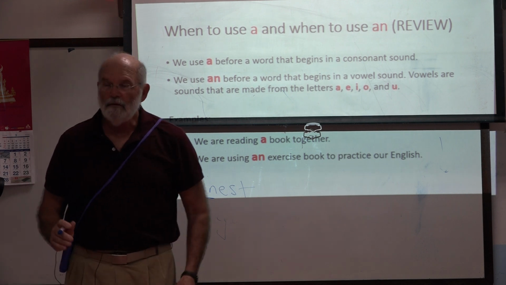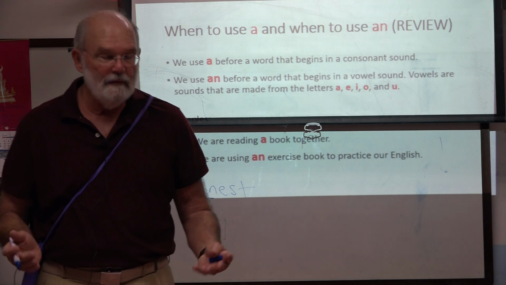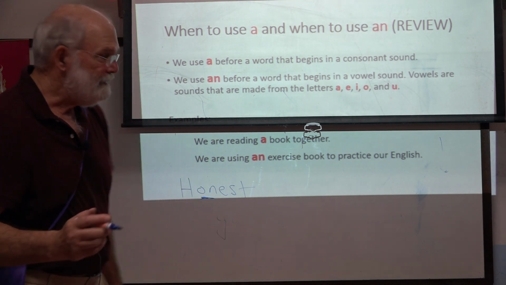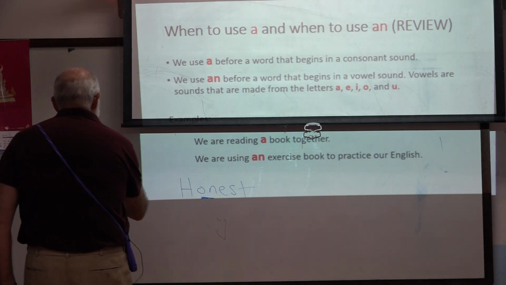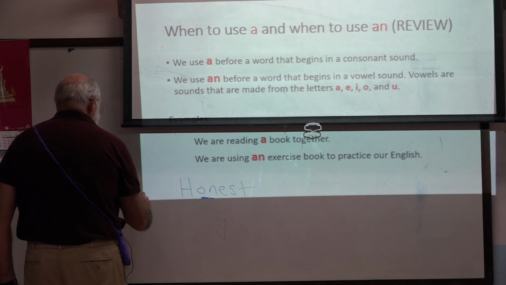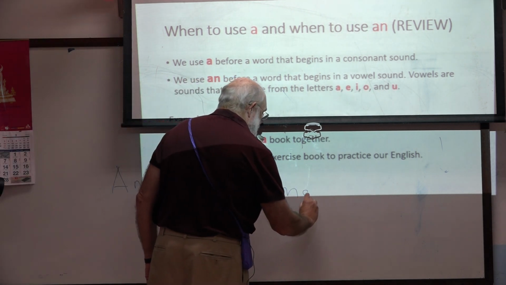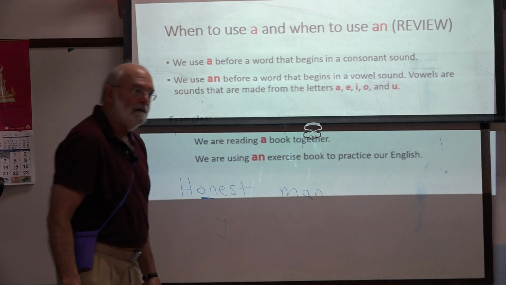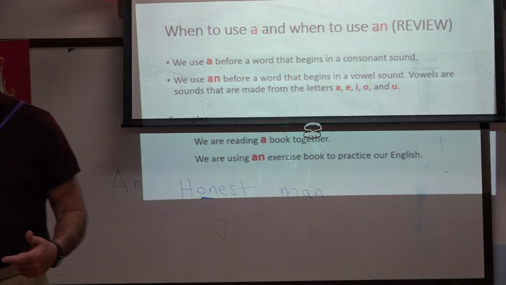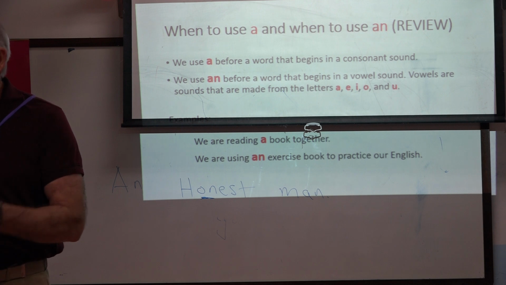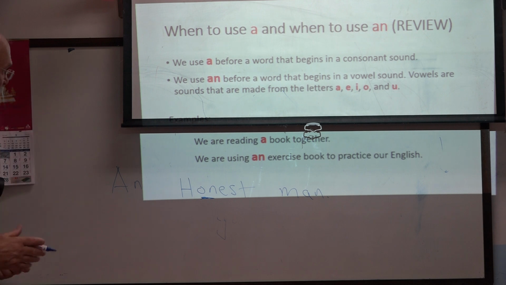It's a silent H. So we say the word honest starts with a vowel sound. So we would refer to an honest man, because honest starts with a vowel sound, so we say an instead of a.